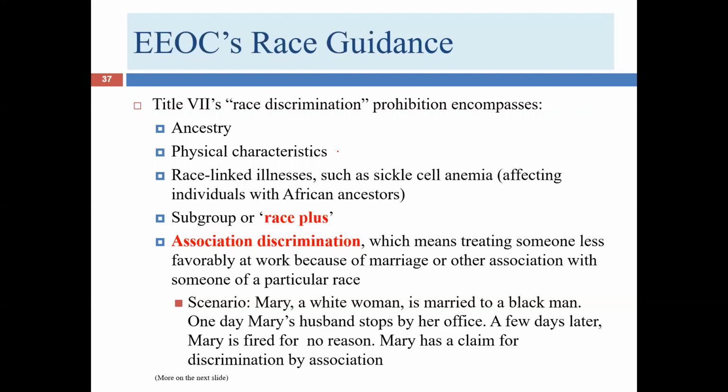It can also relate to race-linked diseases such as sickle cell anemia, which disproportionately impacts individuals who have ancestors from Africa. The sickle cell mutation is one of the body's responses, a way to protect the person from malaria.